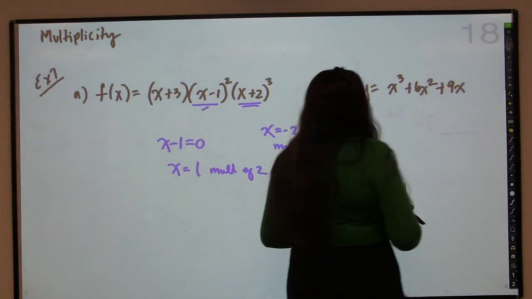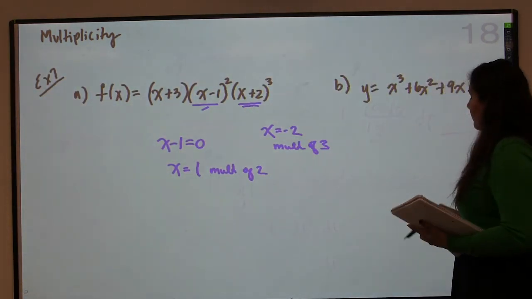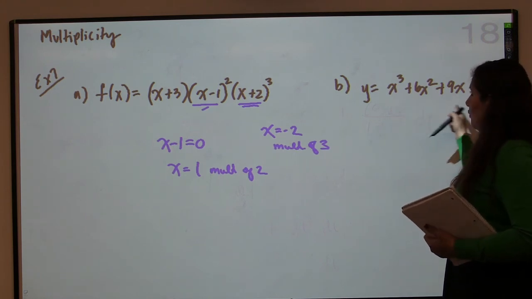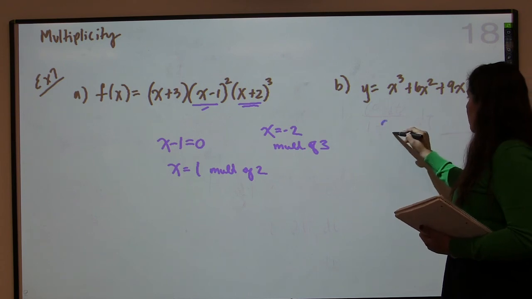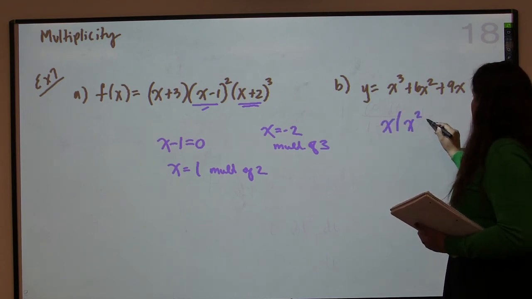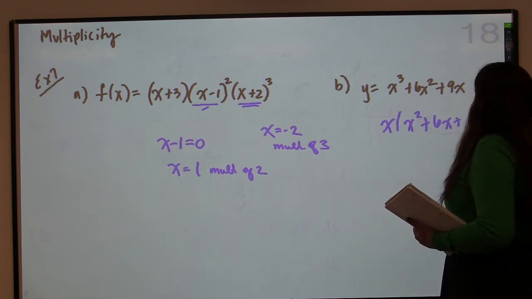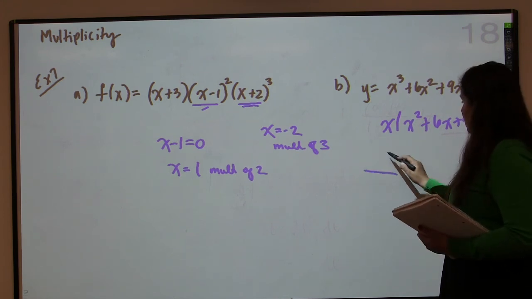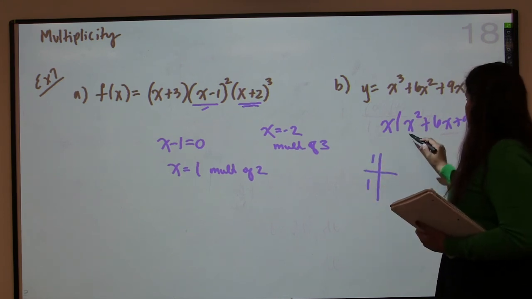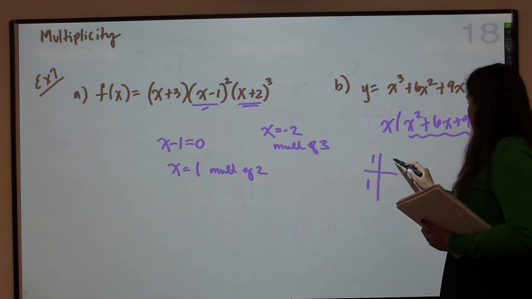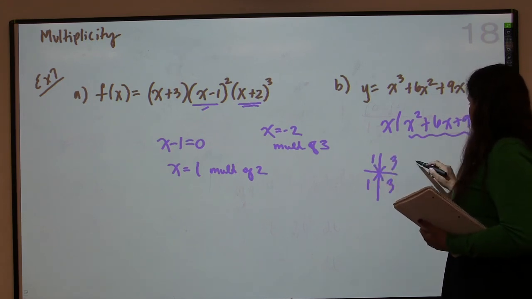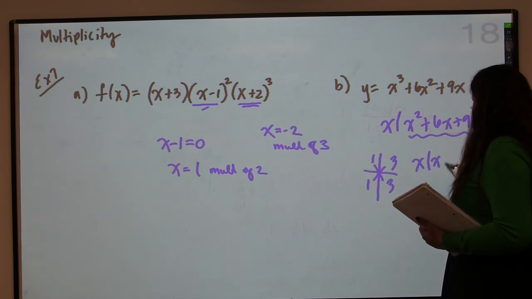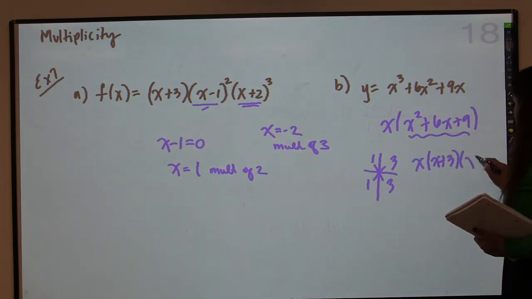Okay? And in this case, in part B, we are going to have to factor it first because to find the zeros, you have to factor it first. Since they all have an x in common, you factor out the x. And then we're going to use this little factoring technique for this portion because it's a quadratic. And 9 is going to be 3 times 3, and 3 plus 3 is 6. So you'll see that you get the same factor twice, x plus 3.